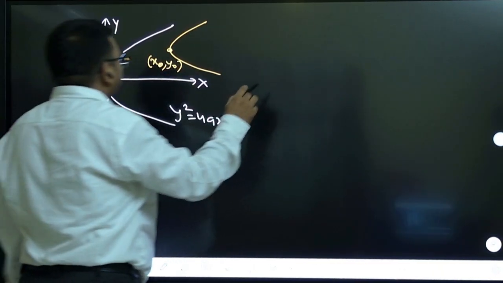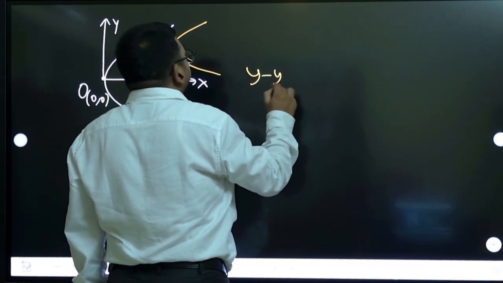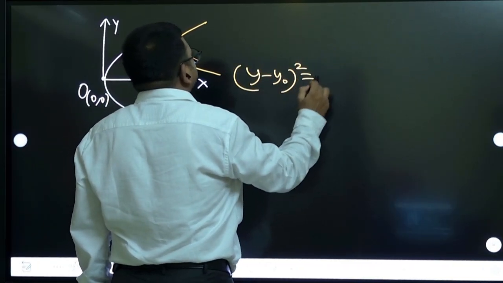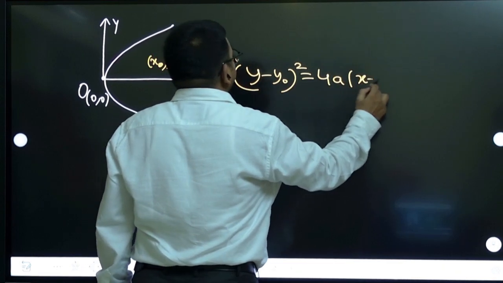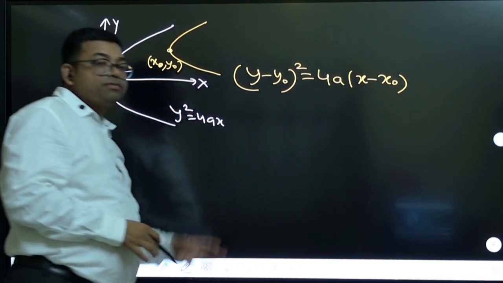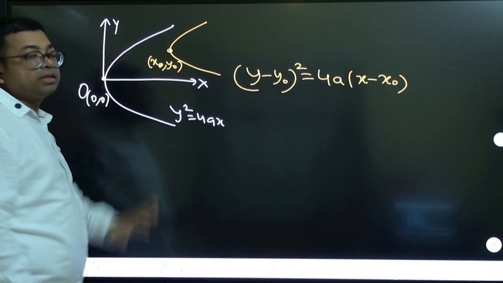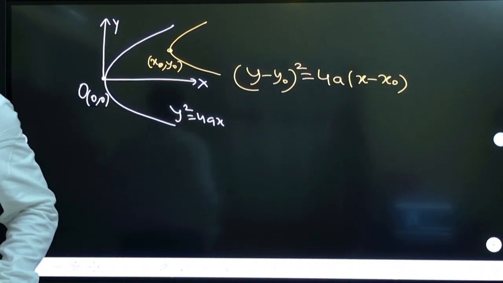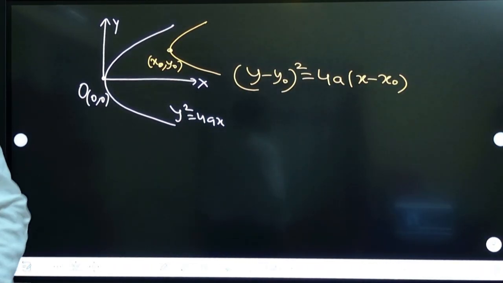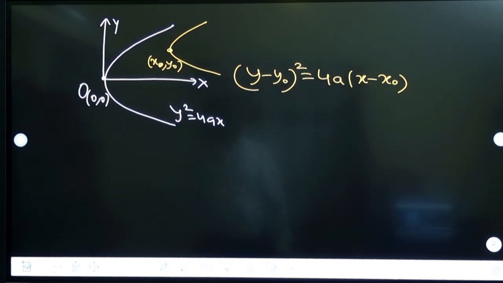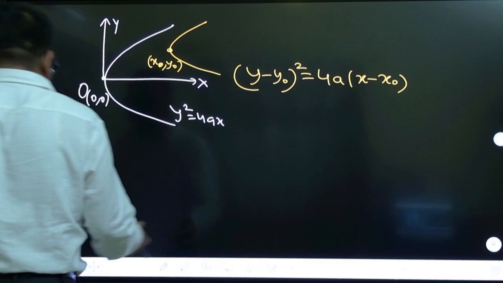Then this equation I can write as y minus y0 whole square is equal to 4a into x minus x0. This is called shifting of parabola. The parabola has shifted so that its vertex has become different. Whenever you want, we can shift a parabola. So these are the applications.